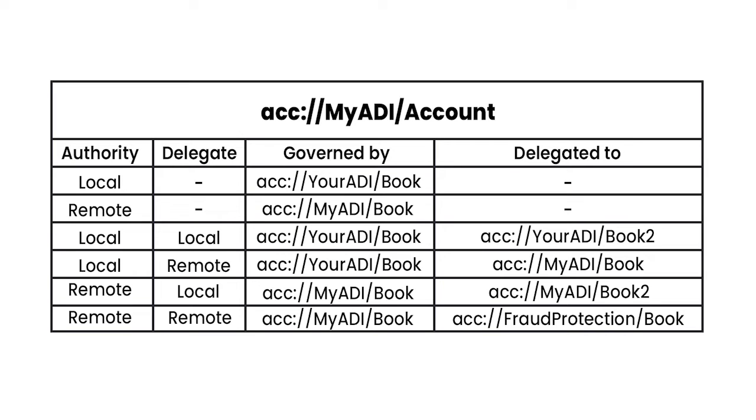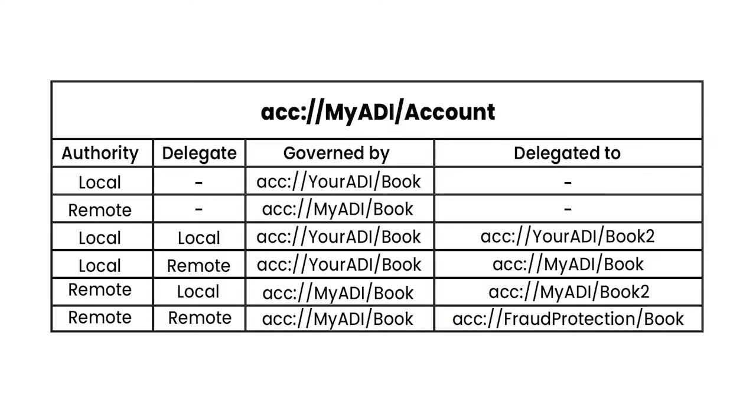Imagine, for example, that you own an ADI with the name your ADI. And this ADI has some generic token account we'll just call account. In this case, your token account URL would be yourADI/account. Now, an authority or delegate really just means a keybook that is owned by some ADI, whether it's your ADI or somebody else's. By default, your account is governed by a local authority.